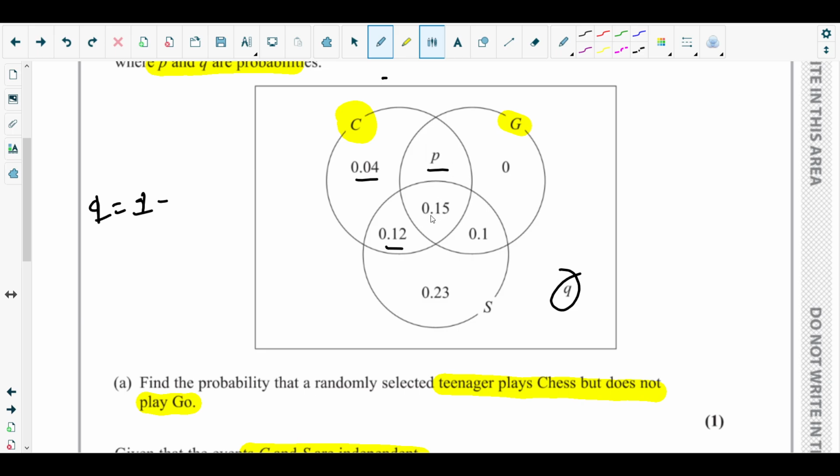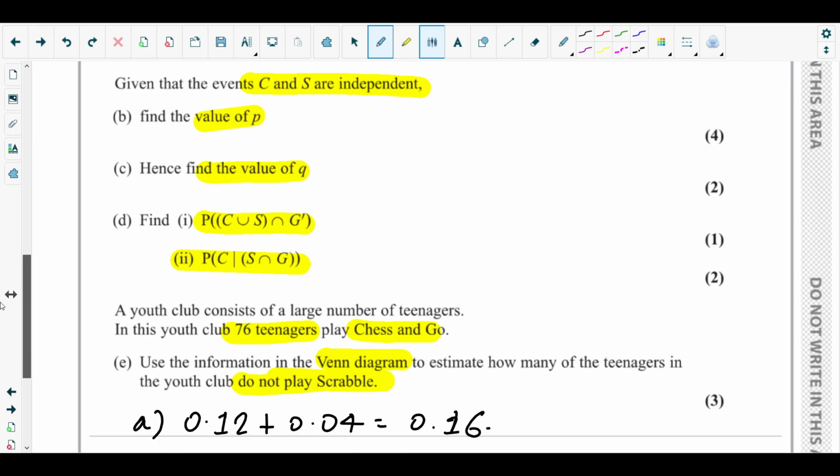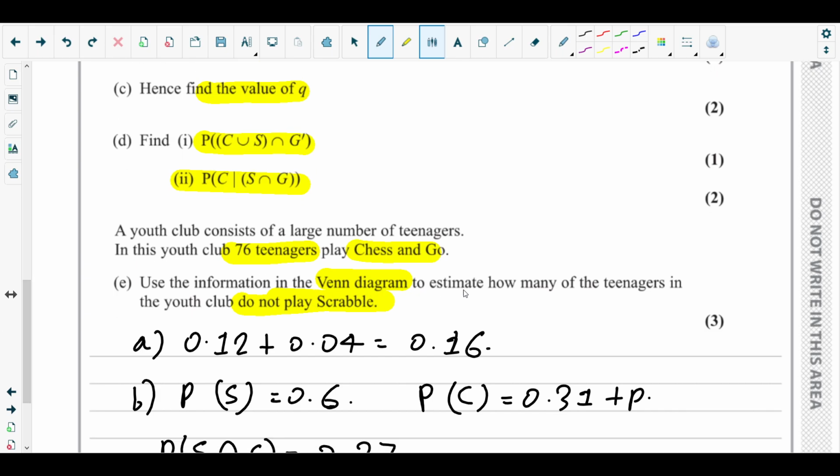So 0.3 plus 0.15, which is 0.45, plus 0.1, which is 0.55. So we got the probability of C union G, which is 0.55.